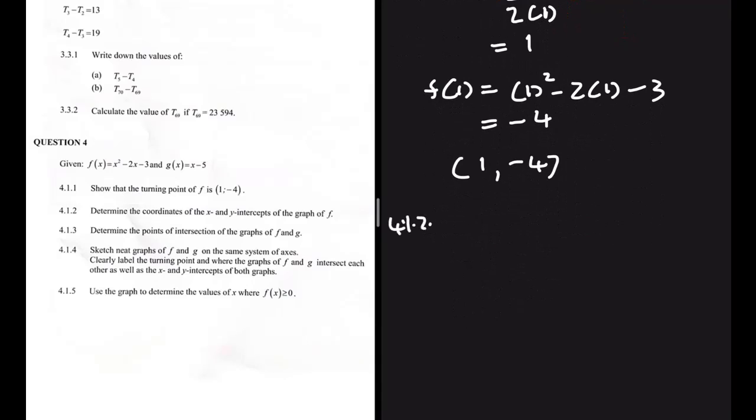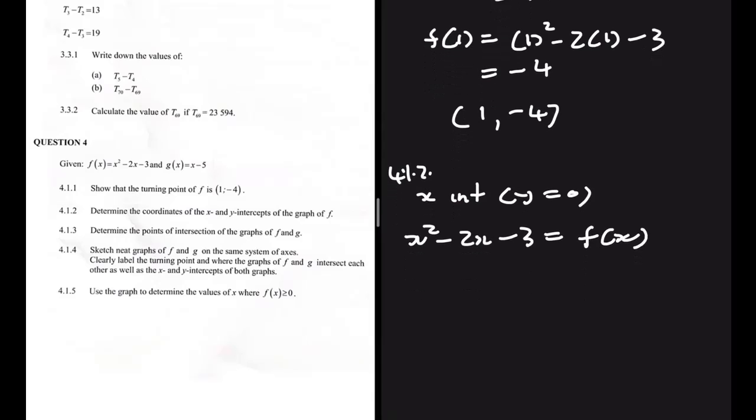4.1.2. Determine the coordinates of the x and y intercepts of the graph of f. Right, so let's start with the x-intercept. As soon as you hear x-intercept, you should be thinking y equals 0. We have said that x squared minus 2x minus 3 is equal to f of x, right?